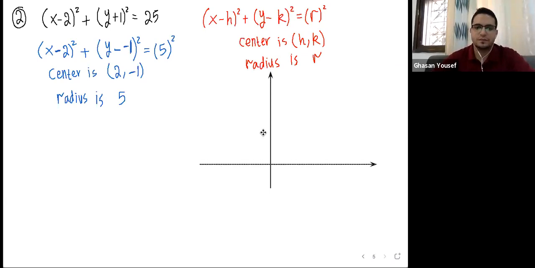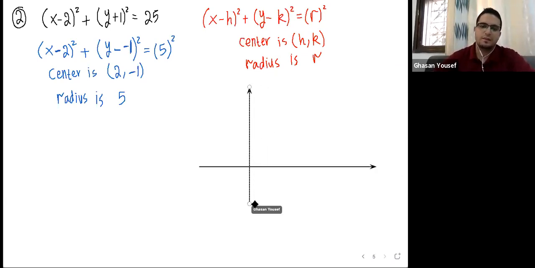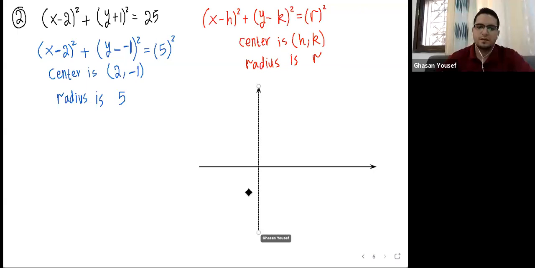So the center is positive 2, negative 1. So it's going to be around here. Positive 2 is here, 1, 2, and negative 1 is around here.